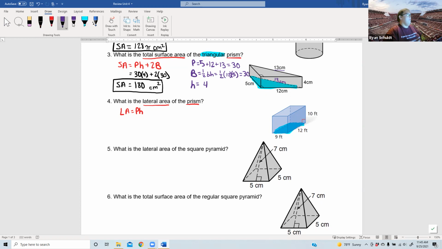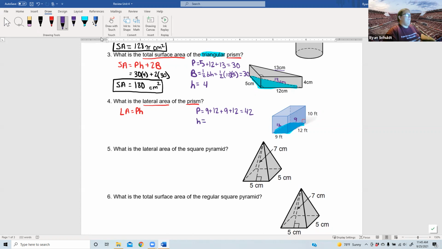So when it says perimeter of the base, we got a 9 over there, a 12 there. So 9 plus 12 plus 9 plus 12, so you get 42. And then we need the height of the prism.